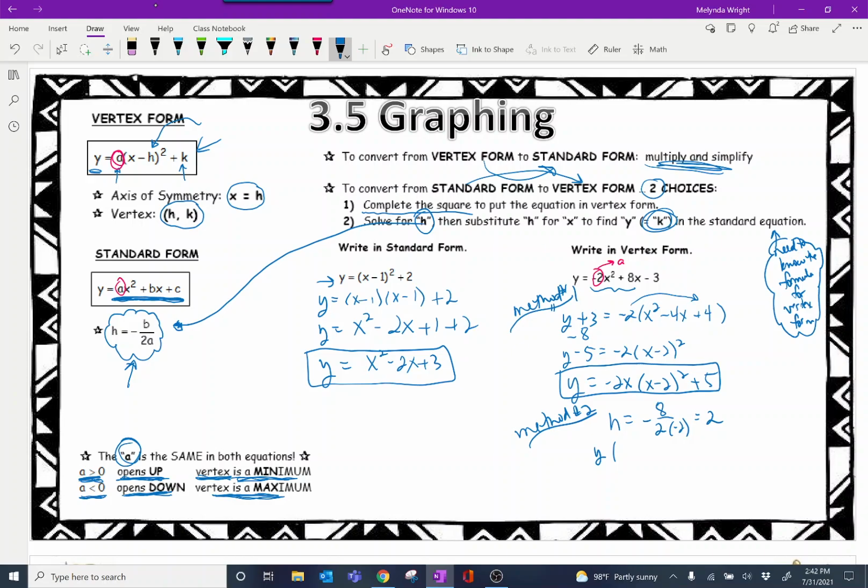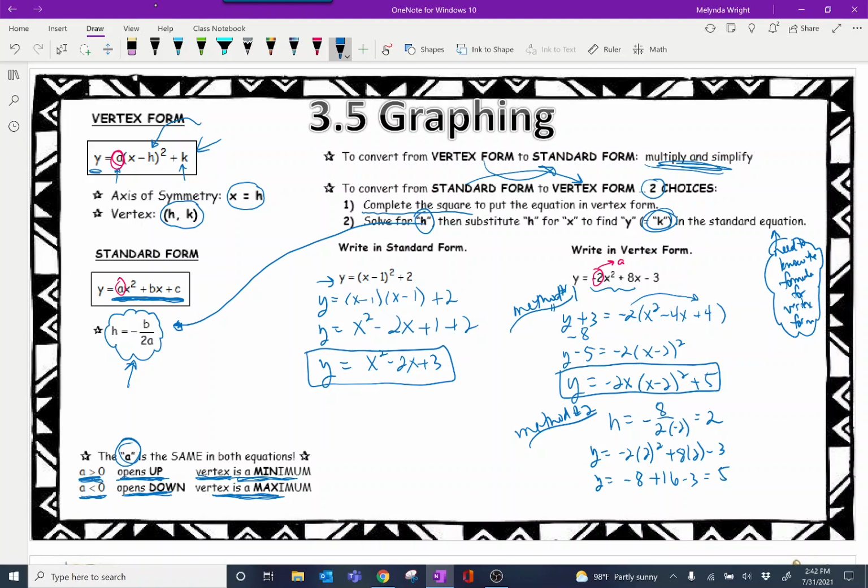So we have y equals negative 2 times, I'm plugging in a 2 for x, 2 squared plus 8 times 2 minus 3. So what is that? 4 times 2 is negative 8 plus 16 minus 3, which is 5.